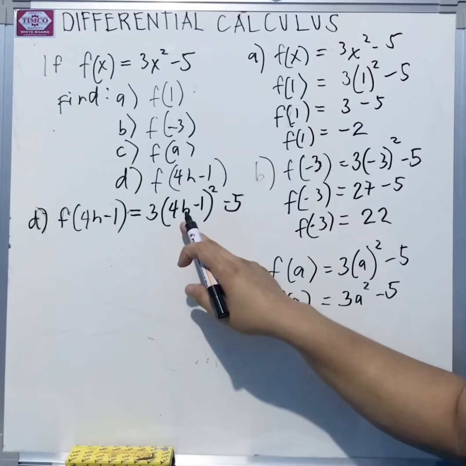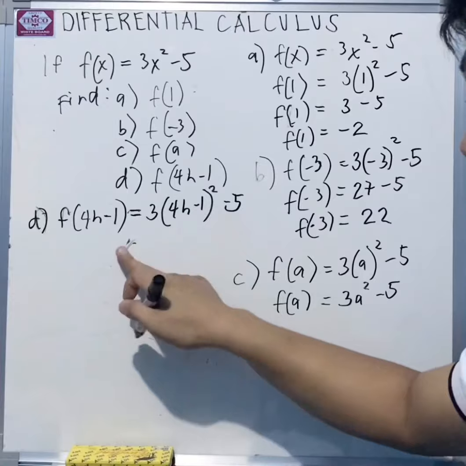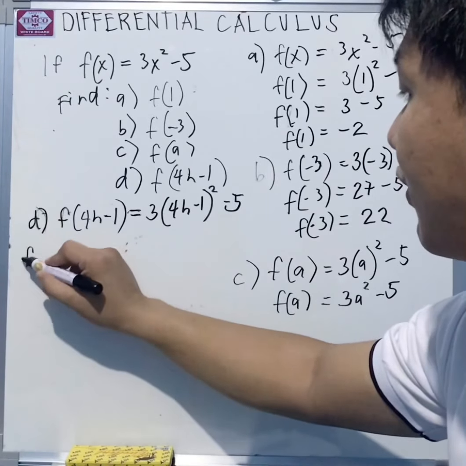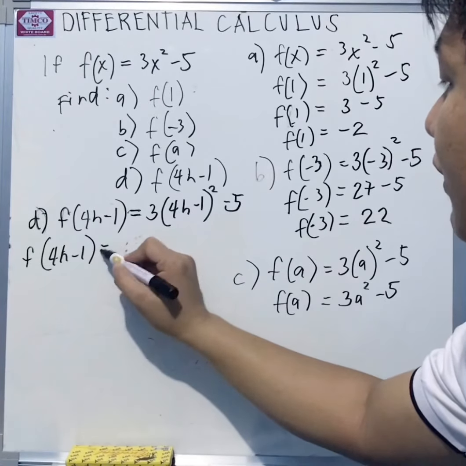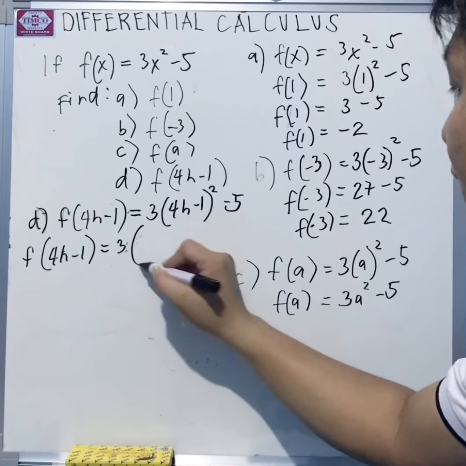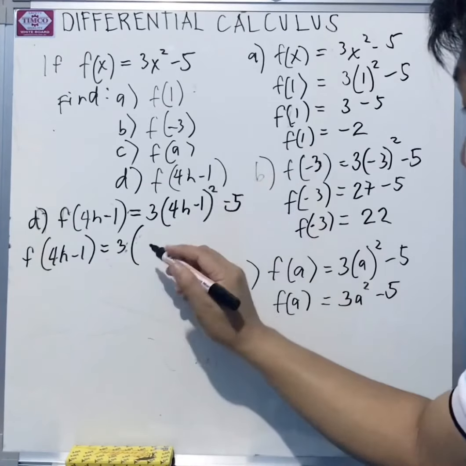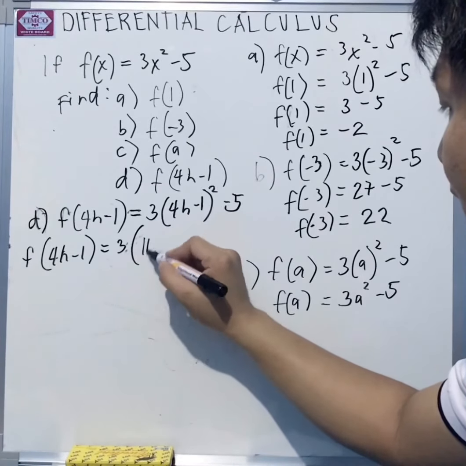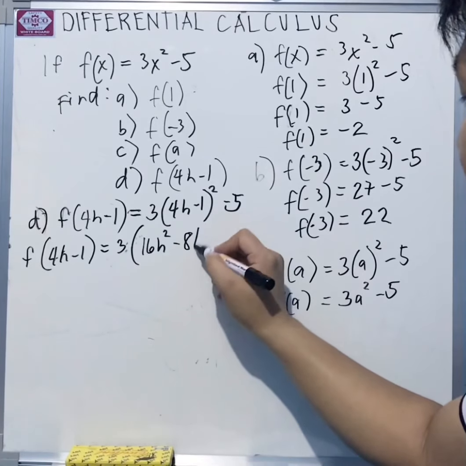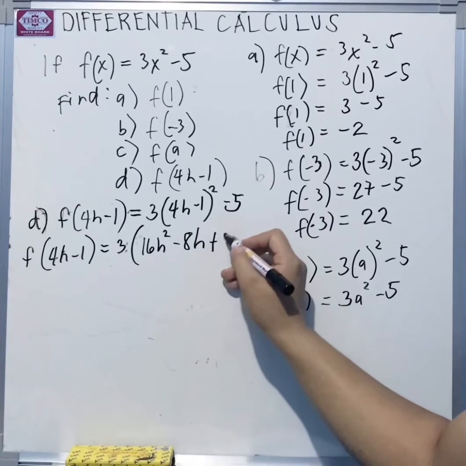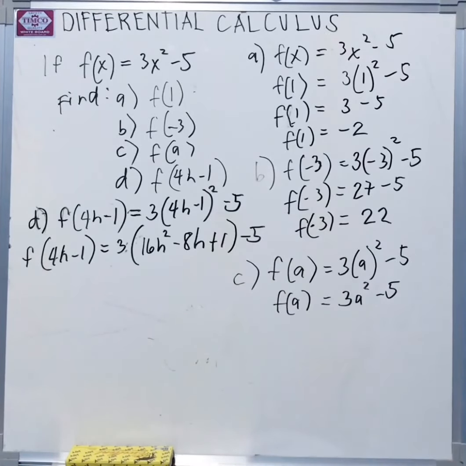So, i-expand natin to. We have f of 4h minus 1 is equal to 3 times 4h minus 1 squared, minus 5. I-expand natin yan. We have 16h squared minus 8h plus 1.